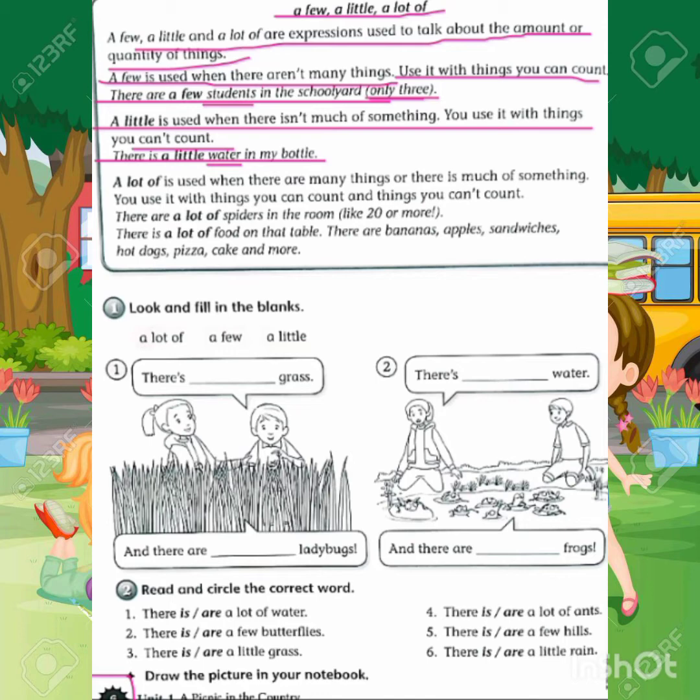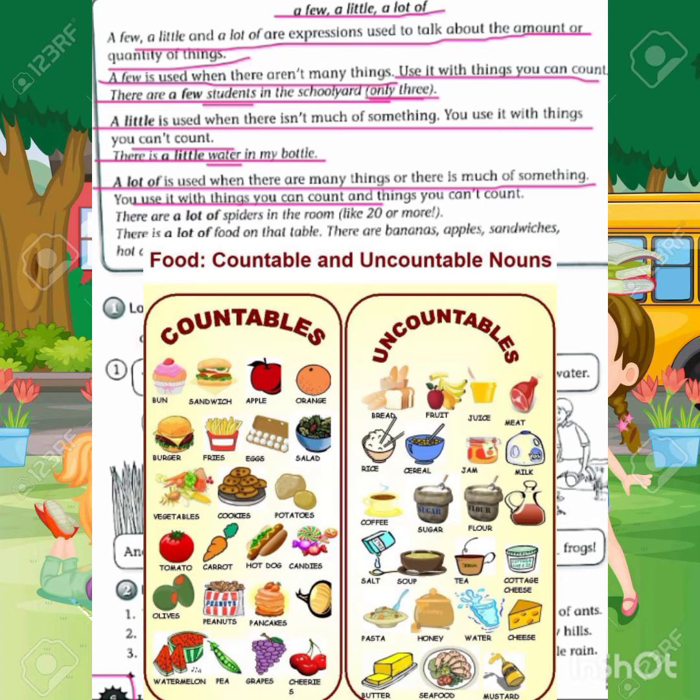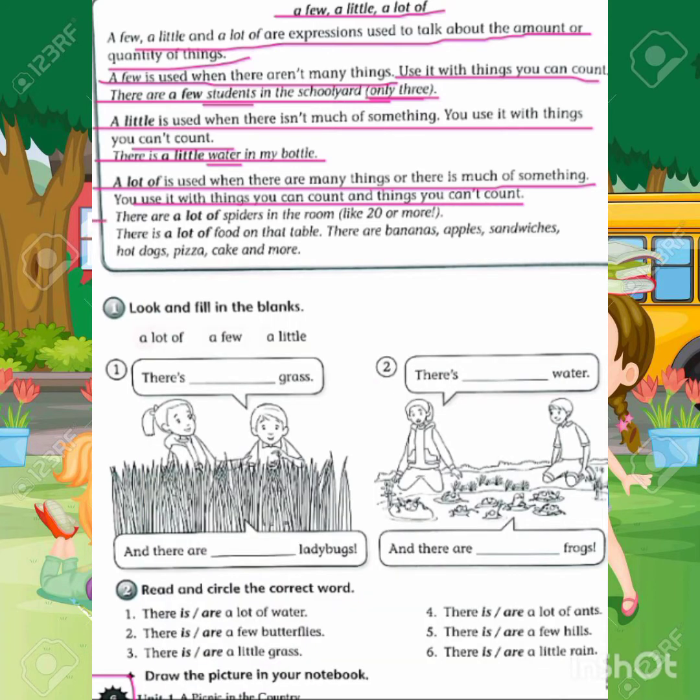Let's continue. A lot of is used when there are many things or there is much of something. You use it with things you can count and things you can't count. Let's read the examples.